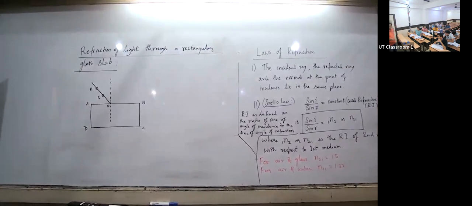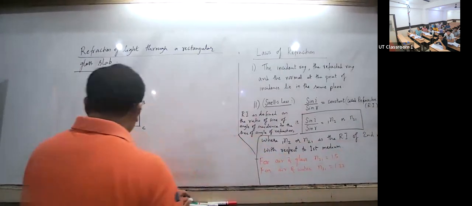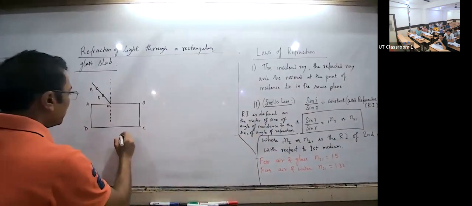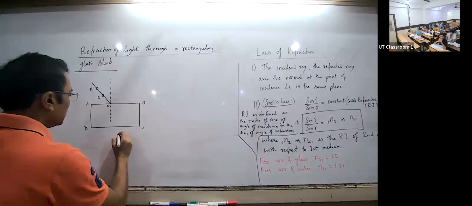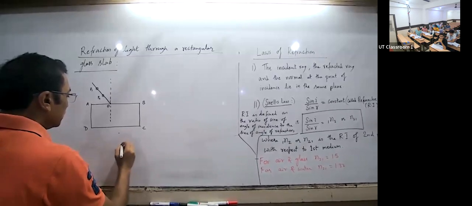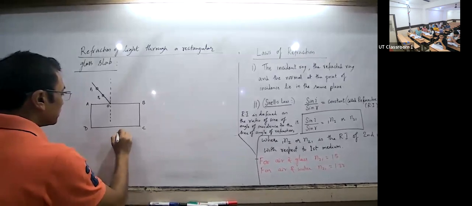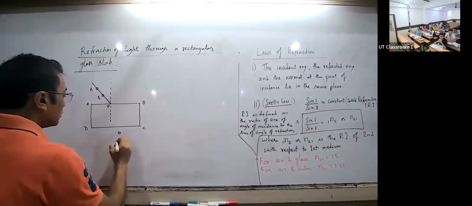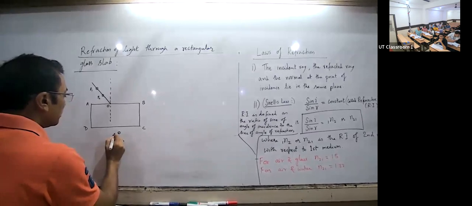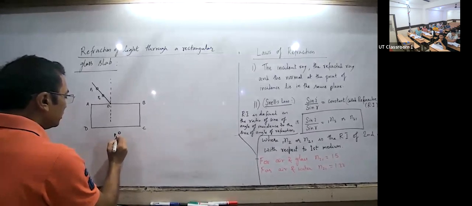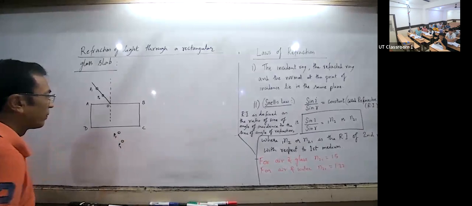So you will get two more pin positions. You find that you get a pin over here and another pin over here, like this. Let's call these P3 and P4.